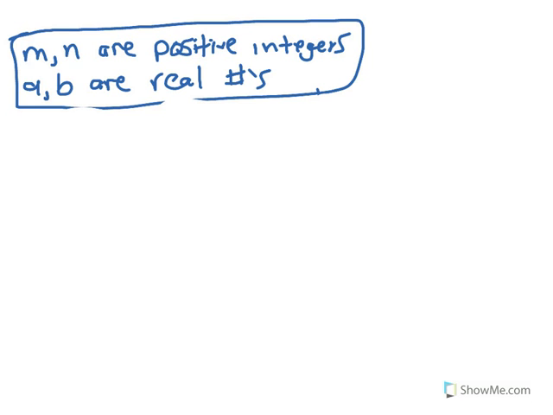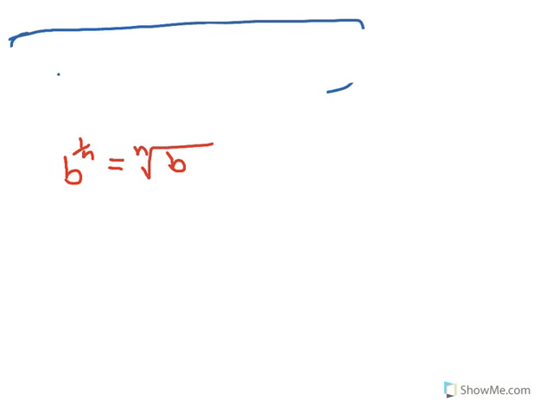Another definition, b to the 1/n. That is equivalent to the nth root of b. Now this is true as long as b is greater than or equal to 0, and it's also true when n is an integer and it's bigger than 1.